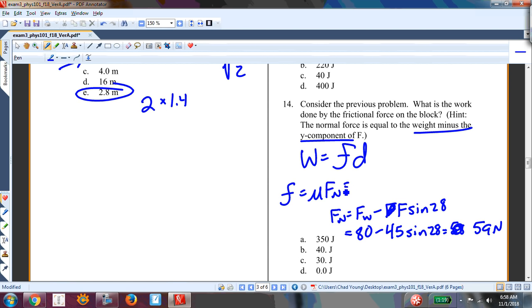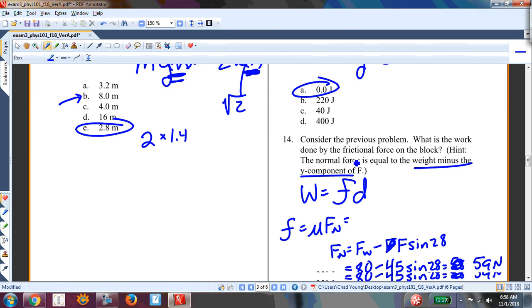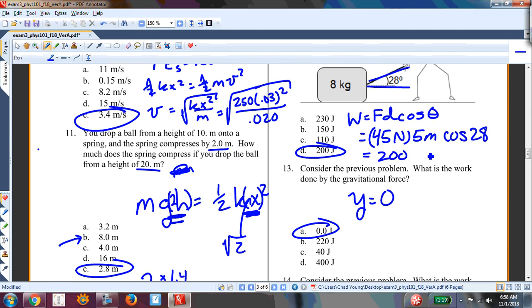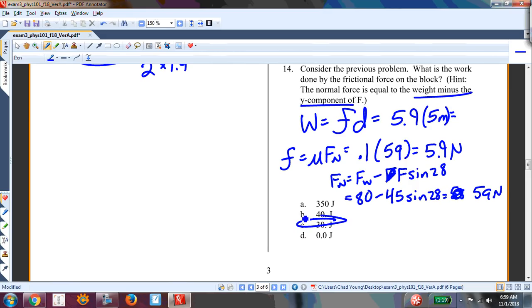And so my frictional force is the coefficient, 0.1, times 59. So it's 5.9 newtons. And so this is going to be 5.9 times the displacement, which was 5 meters. I get 29.5, or 30 joules. Number 14 is C.